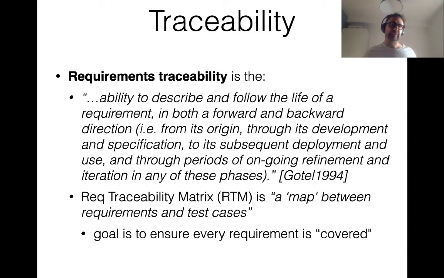Okay, I said traceability. The traceability aspect is very important in requirements-driven testing. So what is requirements traceability? It's the ability to describe and follow the life of a requirement. What happens to a requirement as we go along in our development process, during the project? Are we changing it?